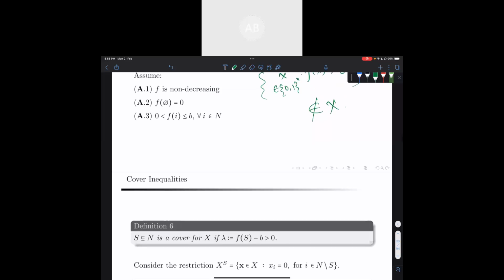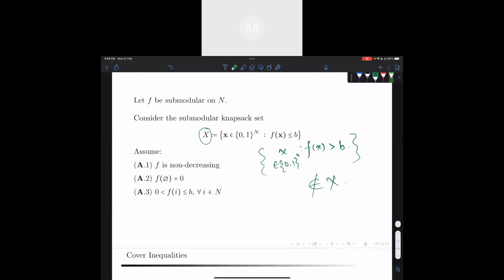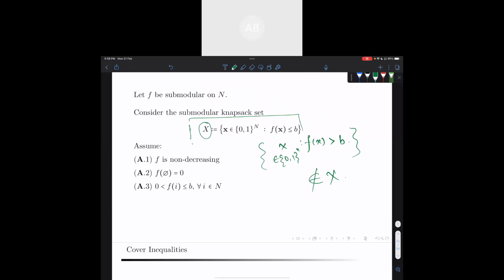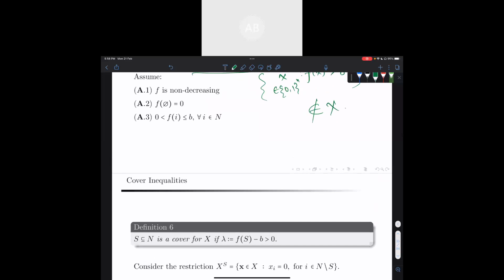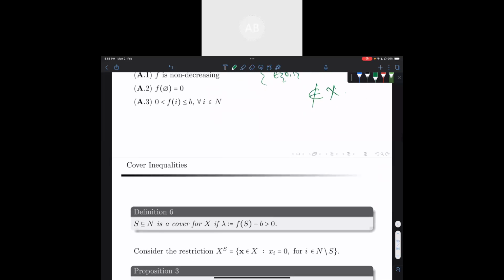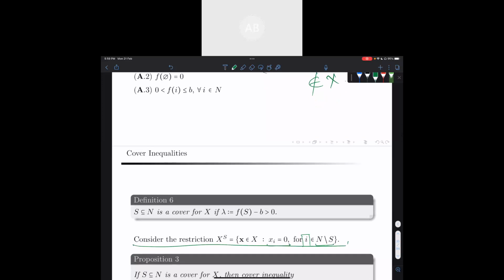Now, if you look at a restriction of x, right? So project it onto this space. If you look at this restriction of x, such that for all the indexes which are not part of the cover, you set xi equal to 0, and you consider this restriction of the set x.